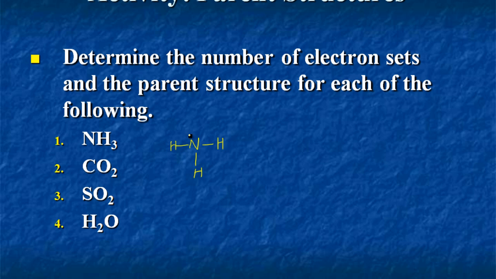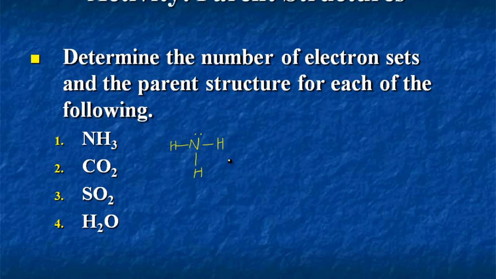The central atom is nitrogen. How many electron sets around nitrogen? 4. Everyone can say 4 sets, because remember each of the bonds we count as 1 and each lone pair is 1. There is 1 lone pair, so there are 4.